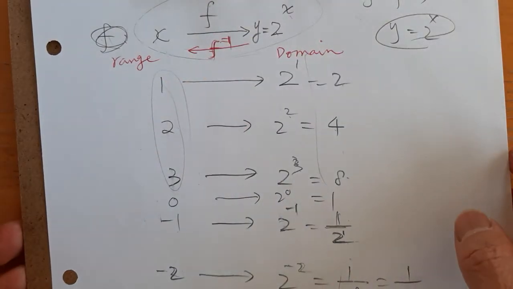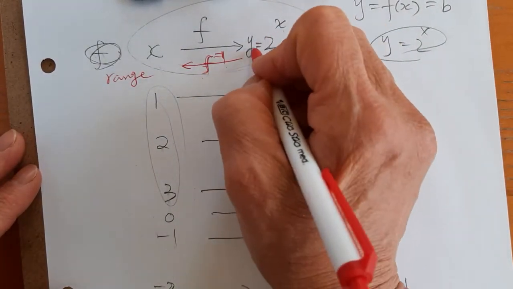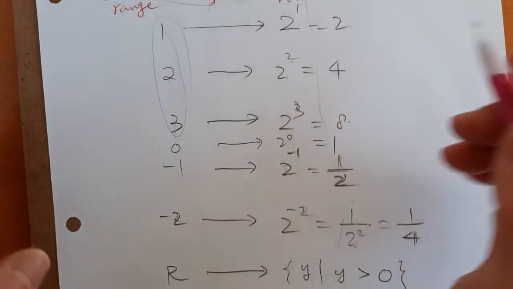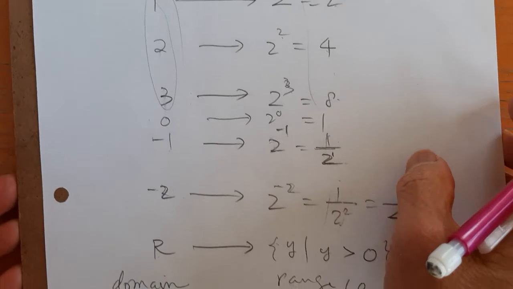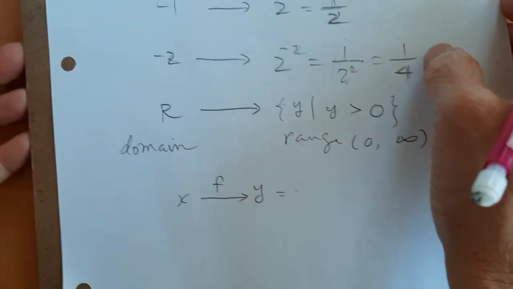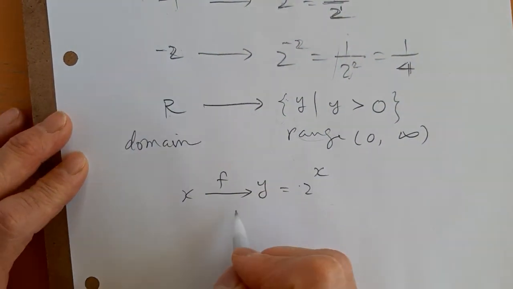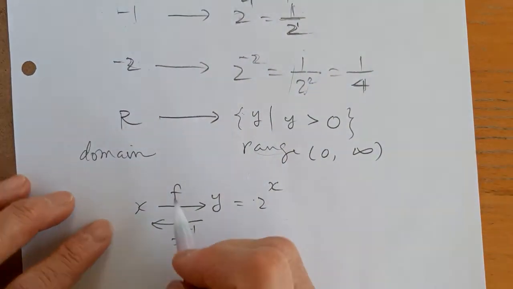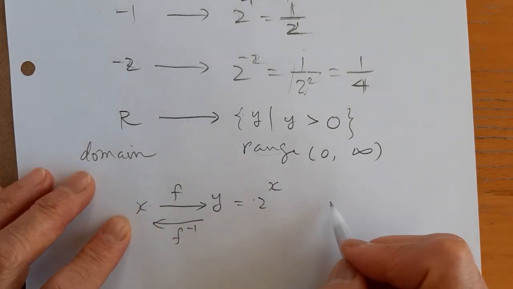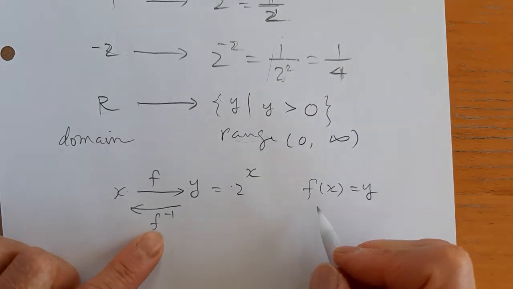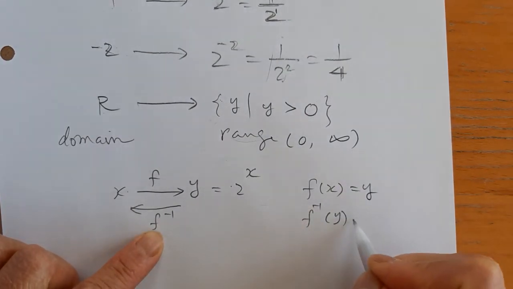So for this, you will say f inverse of y equals x. f of x equals y: x maps through f to get y, for example y is 2 to the power x. Originally it's f of x equals y, and its inverse is f inverse of y equals x.